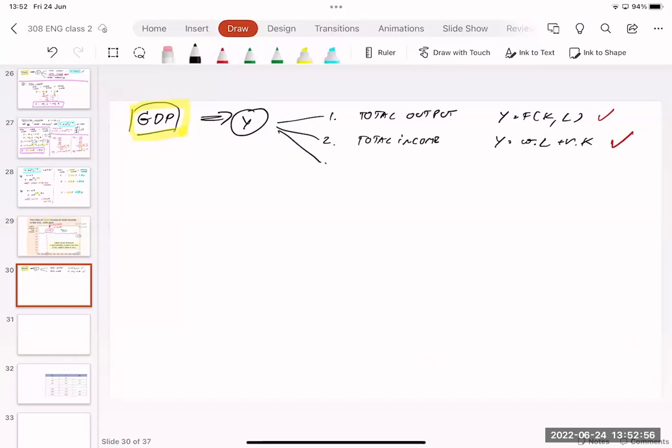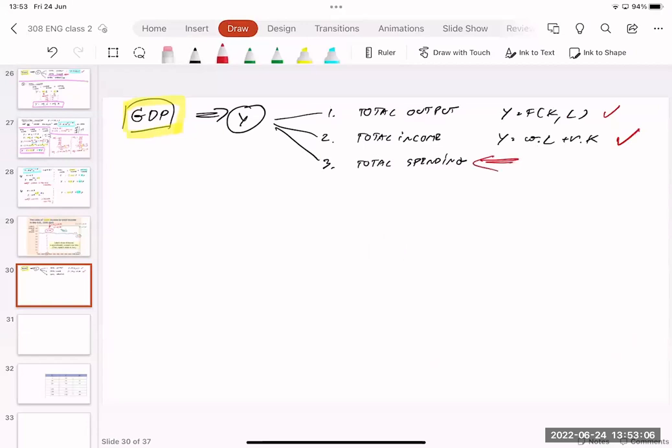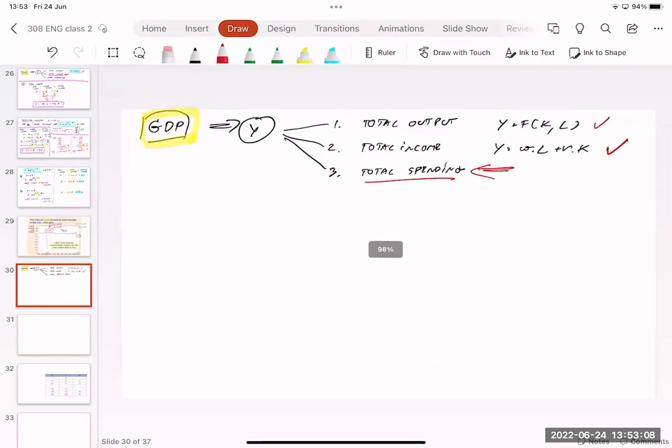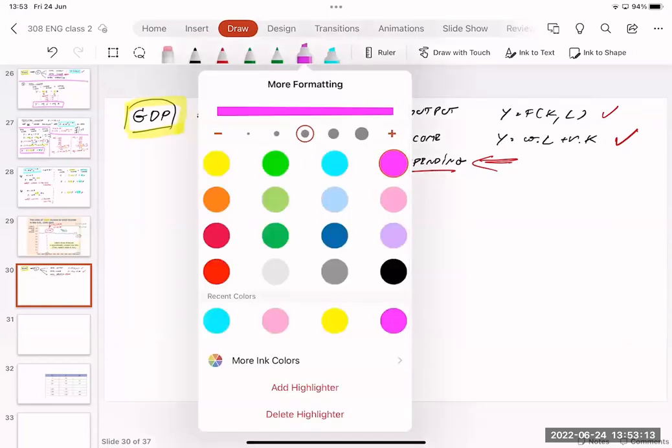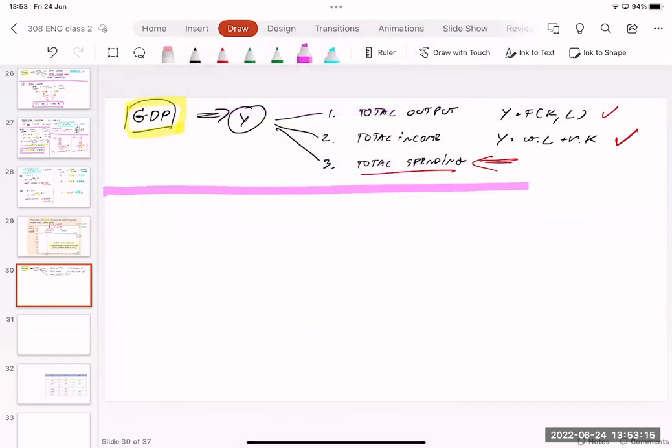Now we go to the third meaning of Y: total spending. This is what we're going to focus on now. Total spending.